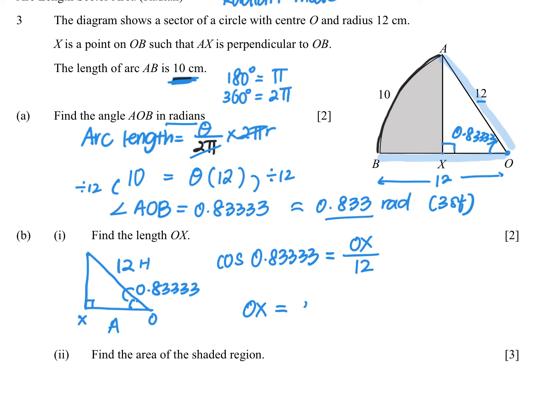And I get the number 8.06897. I round this off to 3 SF, which is 8.07. Let me label this on my diagram.